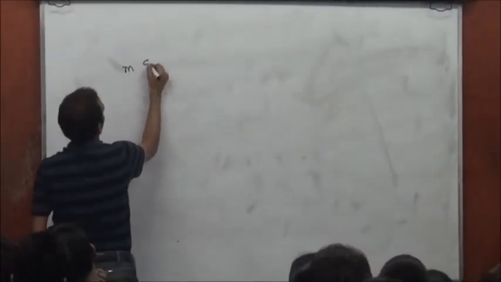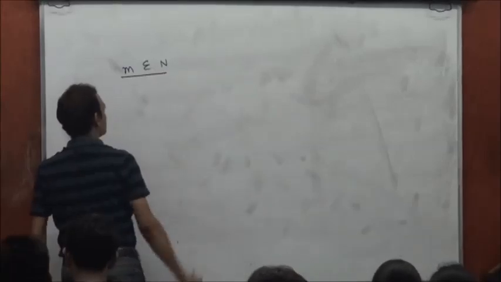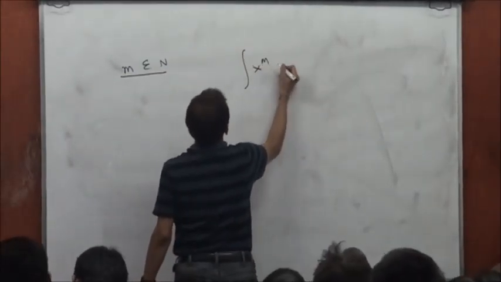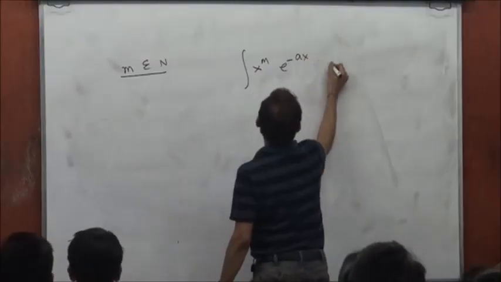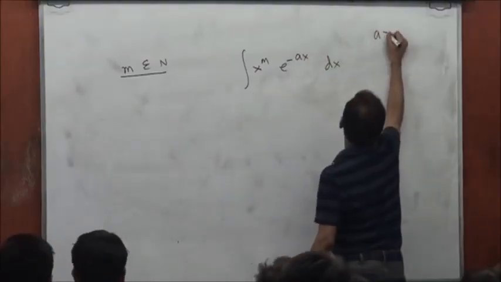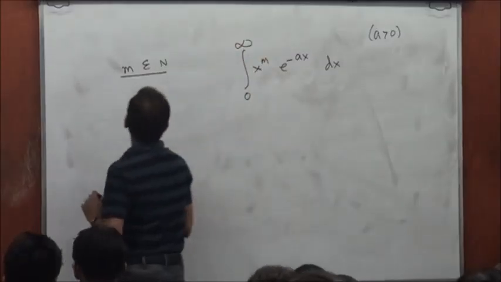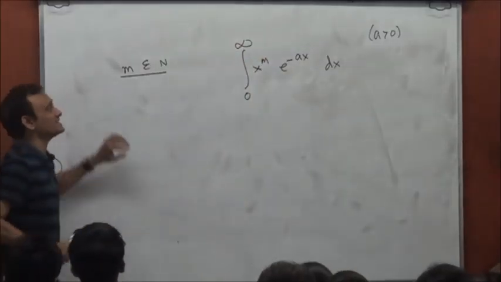Say m is a natural number, and a is positive. I want to find the integral of x power m e power minus ax dx.